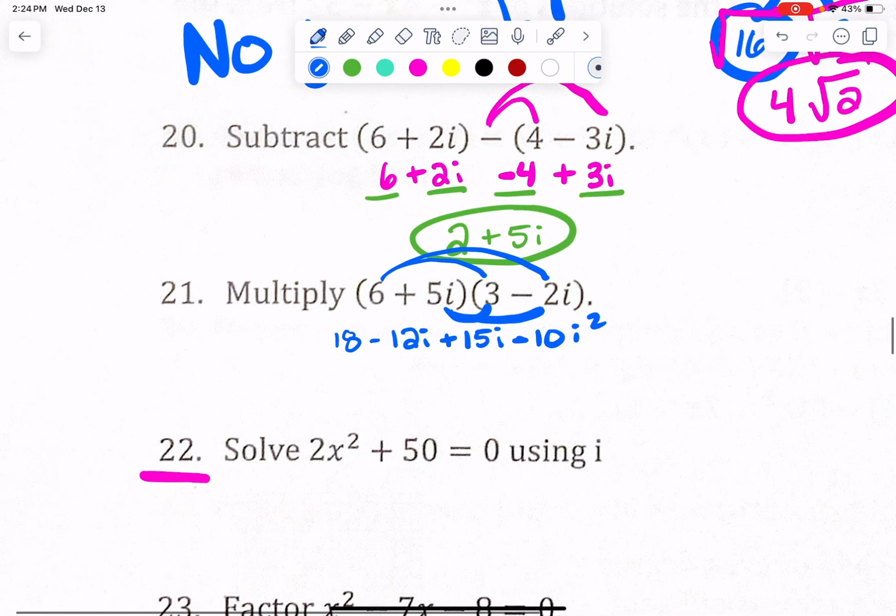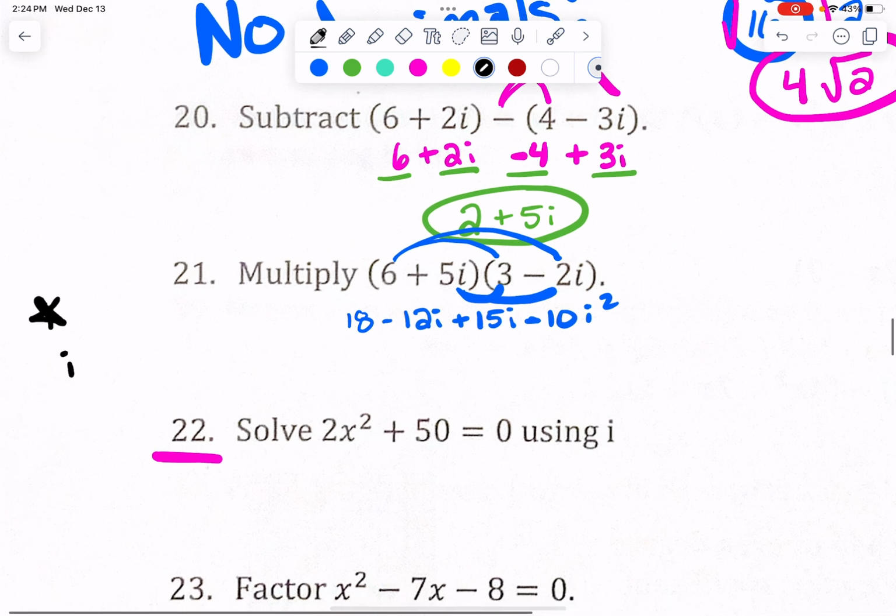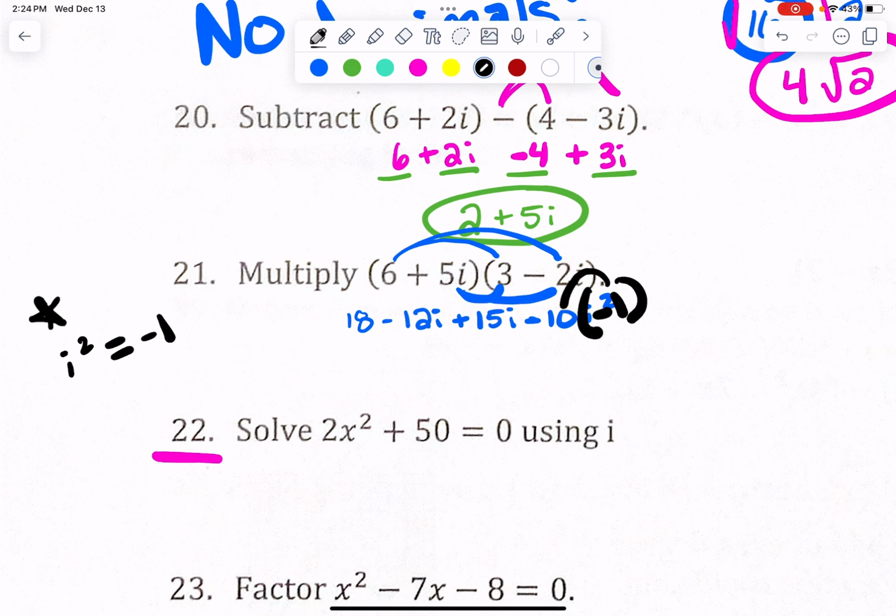Okay, I want you to put a little star by this one that says, when we have an i squared here, i squared is equal to negative 1. That was something that we learned way back when we were doing complex numbers. So if i squared is negative 1, then in this place, I'm going to put negative 1. And what that does is I take negative 1 times negative 10, and that turns it into a positive 10. Okay, so basically it just changes the sign of the number that's in front of it.